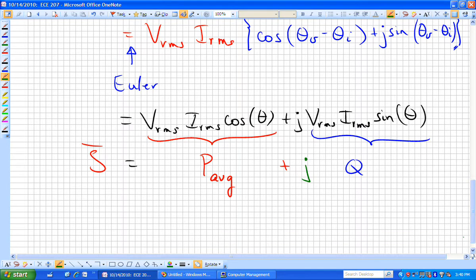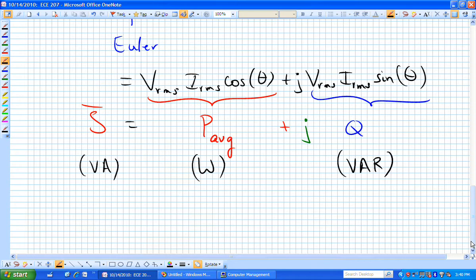We have P plus jQ, and the units on these are watts, VARs. You'll enjoy saying that when you're doing your homework. Oh, I have some VARs. And you have some volt amperes, some VAs.